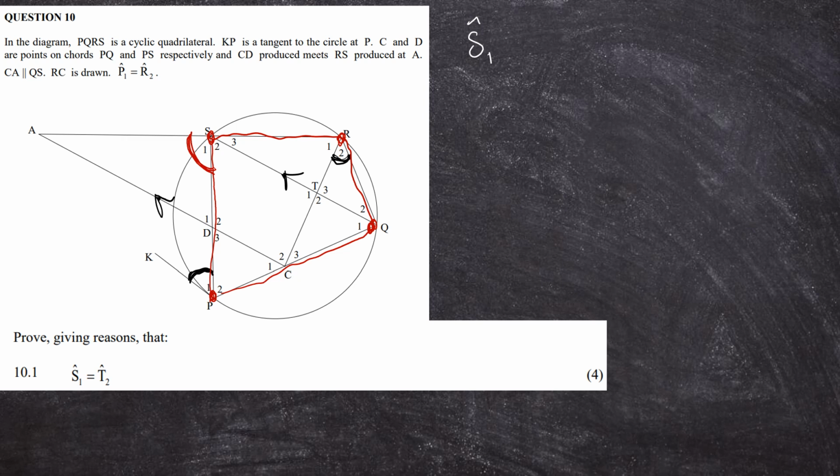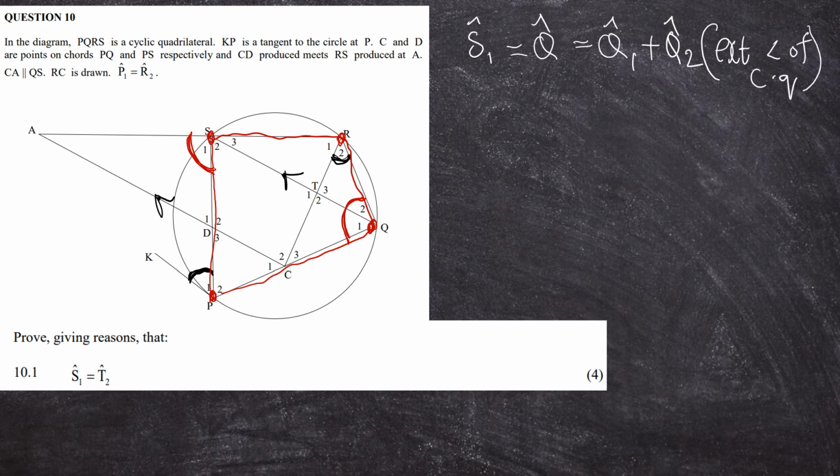An exterior angle of a cyclic quad is equal to the opposite interior angle, meaning that angle S1 is equal to angle Q, which is actually angle Q1 plus angle Q2. What is our reason? Exterior angle of a cyclic quad, right? Some people might want to extend that reason to say exterior angle of a cyclic quad equals the opposite interior angle. It's not a problem. Okay, now we have what our S1 is equal to.